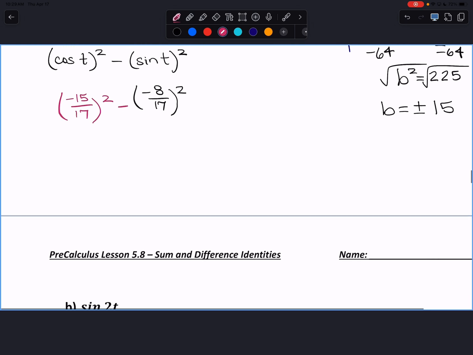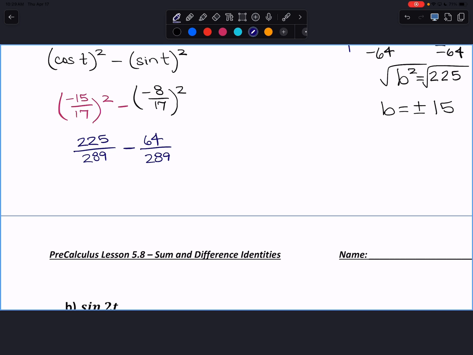And now look, you have nothing but numbers now. Which is kind of amazing, right? So negative 15 times negative 15? 225. 17 times 17? 289. And then minus negative 8 times negative 8? 64. 17 times 17? 289. And the beautiful thing is you have a fraction minus a fraction, so you need a common denominator.